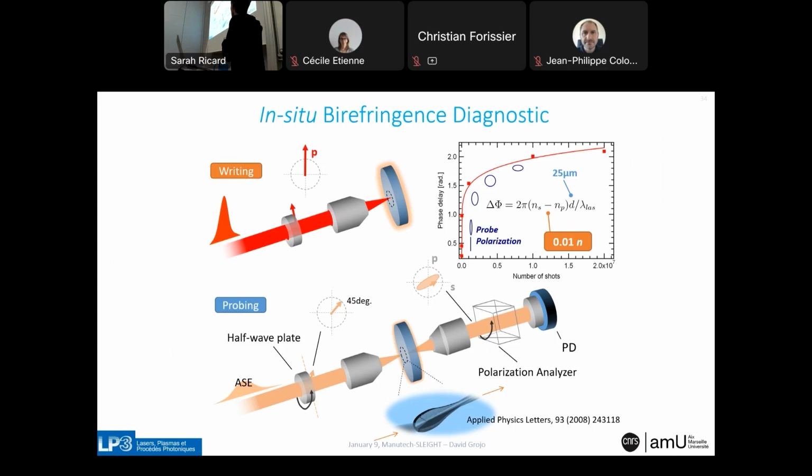What you see on this graph is that as the number of shots increases, the structure gets perfected shot after shot, and the probe polarization moves from linear to circular. So it's more than a quarter wave plate effect obtained in a microscale volume, even more than this circular polarization. My point is that you can locally control the polarization of your light and do polarization optics with this type of writing approach.